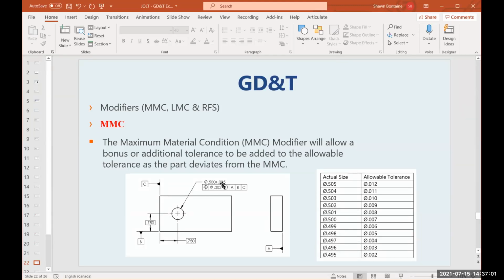So our smallest hole is .495. We're allowed 2 thou, but as the hole gets larger within its allowable feature size, we get allowable tolerance added to our feature control frame. So the larger the hole becomes, the further it can shift out of position and still functionally fit in our assembly. So we go into a lot of detail on maximum material condition and understanding. We talk about terms like virtual condition, and we look at inner and outer boundaries.